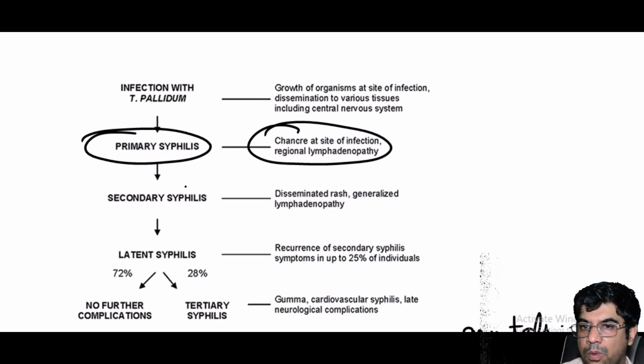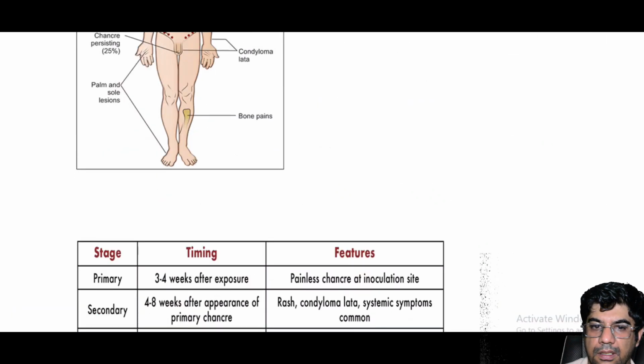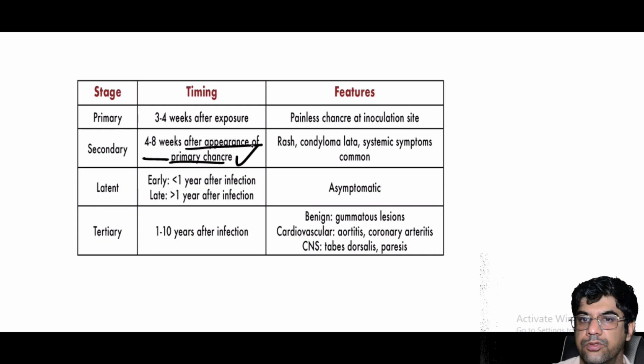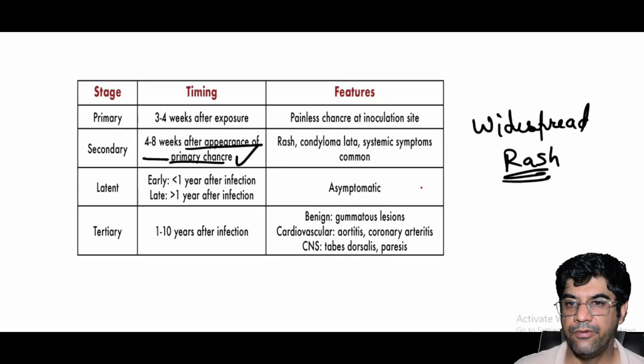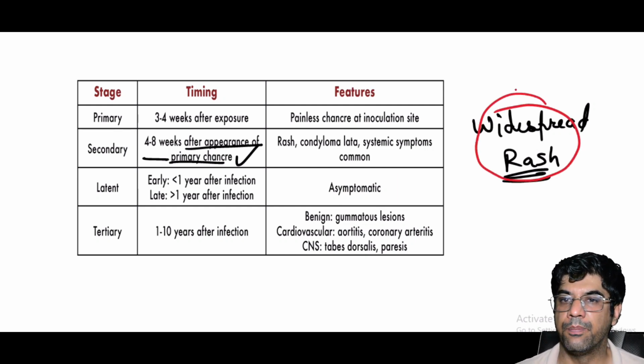Now moving on to the secondary syphilis. It occurs around 4 to 8 weeks after the appearance of the primary chancre. Here you will see a widespread rash that is often seen on the palms of hands and soles of feet.